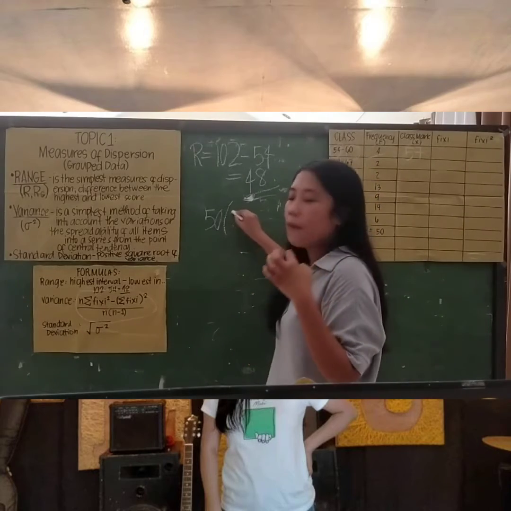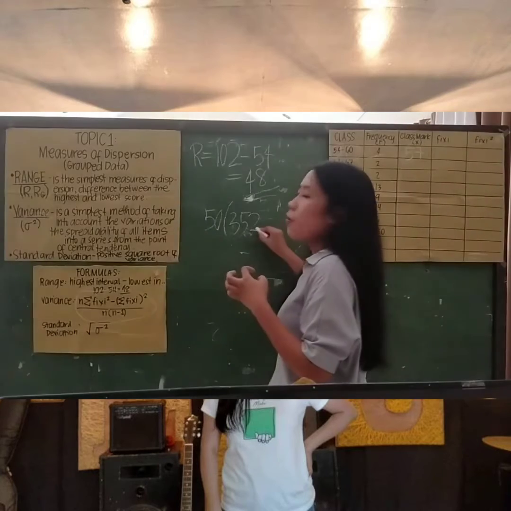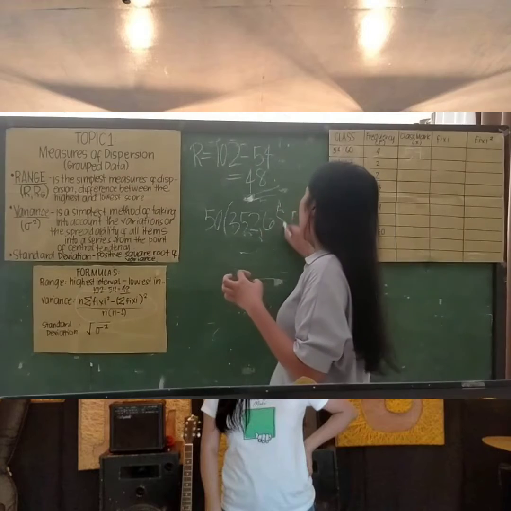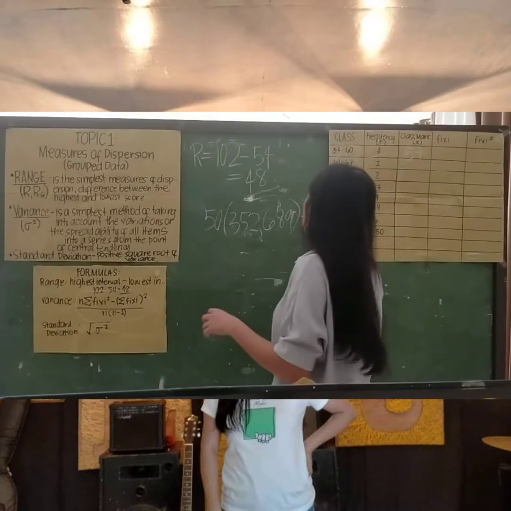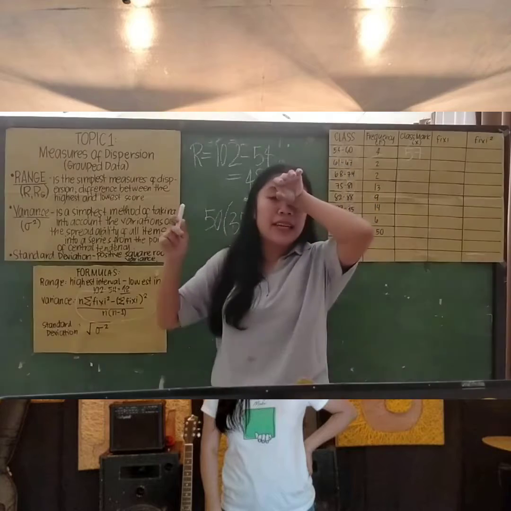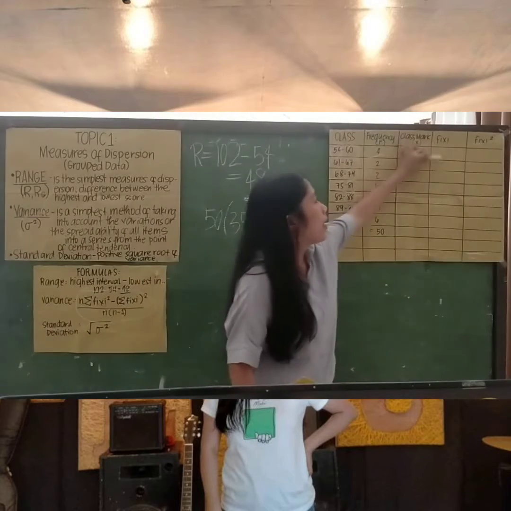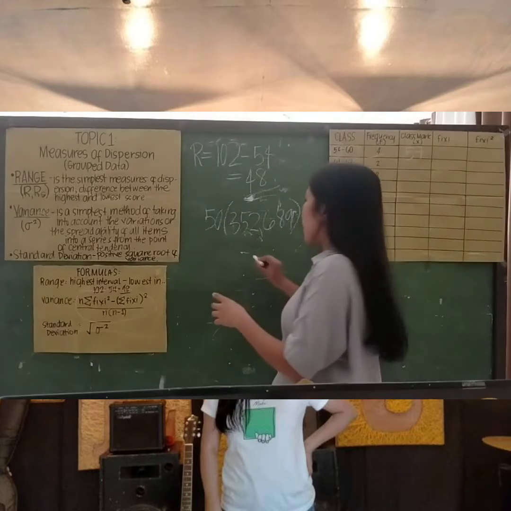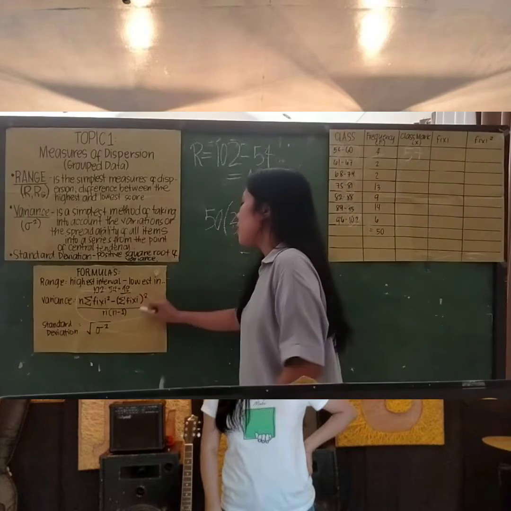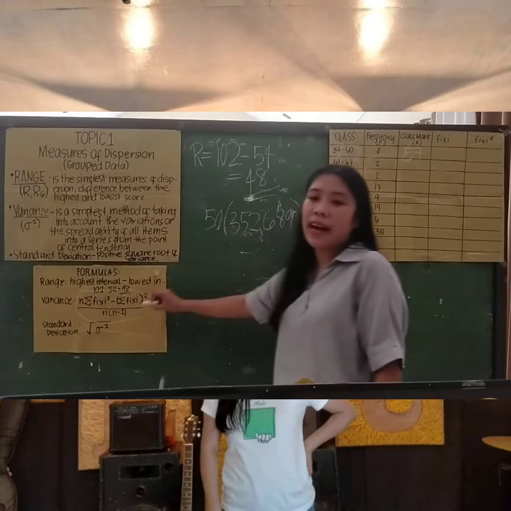So, eto siya. 352,689. And then, ima-minus natin siya dun sa given kanina. Kapag sinumma natin lahat, yung nandito, yun yung ilalagay natin sa summation of fixi natin.